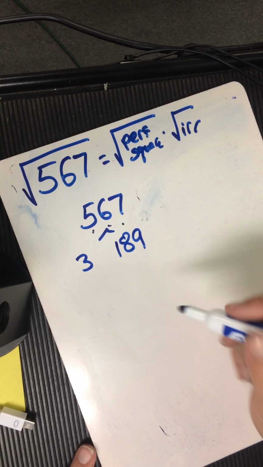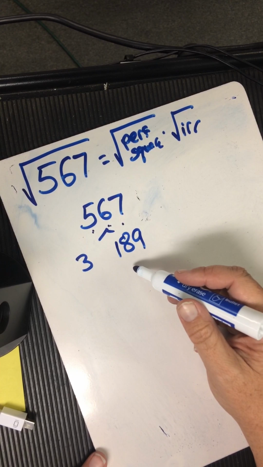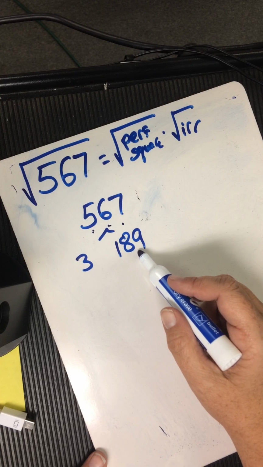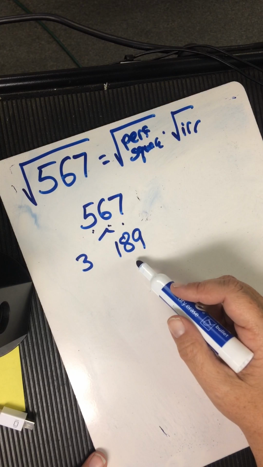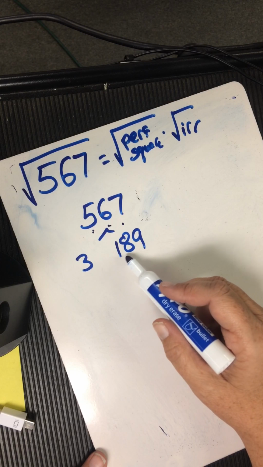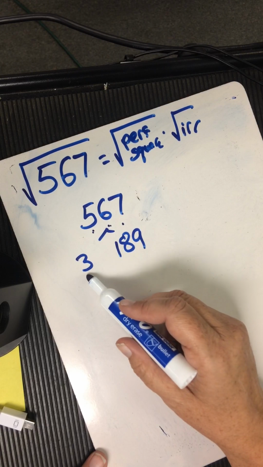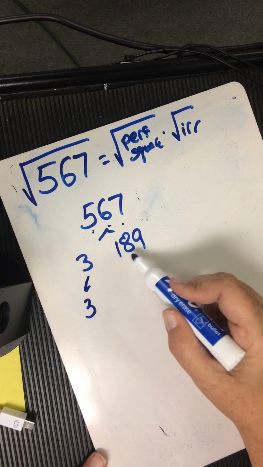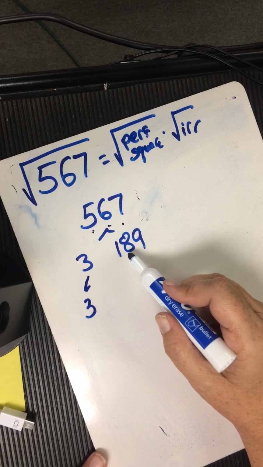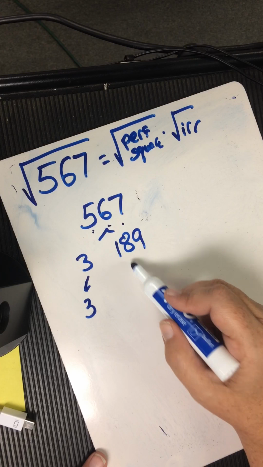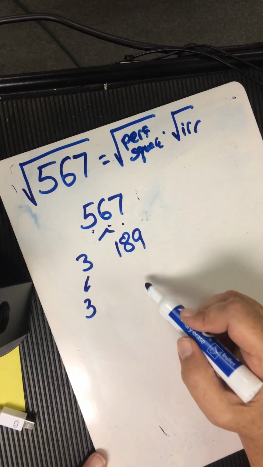189, it's not divisible by 2, it's not divisible by 5. If I add the digits, 1 plus 8 is 9 plus 9. That's 18, it's going to be divisible by 3. Also, can you just see 18 divides by 3 and 9 divides by 3? If I wanted to do this long division in my head, 189 divided by 3, I can see 18 divided by 3 is 6, 9 divided by 3 is 3.